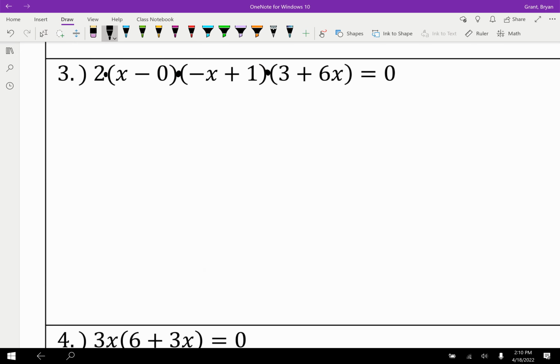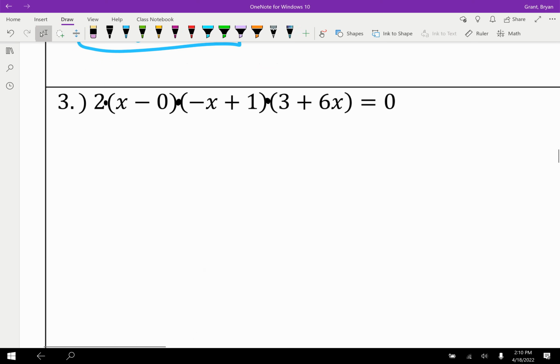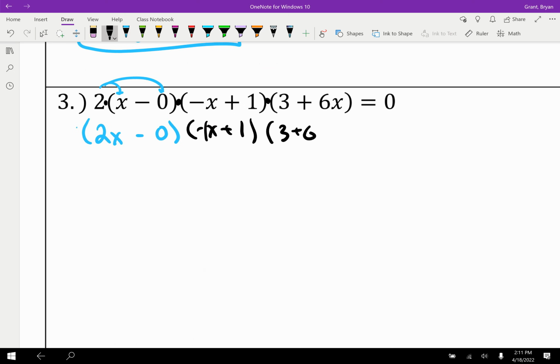You only can pick one set, though. So let's say that you're like, okay, I want to distribute the 2. So you get 2x, 2 times 0 is 0, minus 0. Then this stays negative x plus 1. I'll put the invisible 1 here. And 3 plus 6x equals 0. That's totally fine. And then you can go through and set each of these equal to 0. 2x minus 0 equals 0.